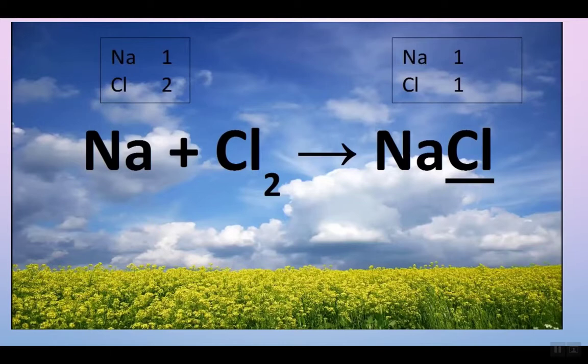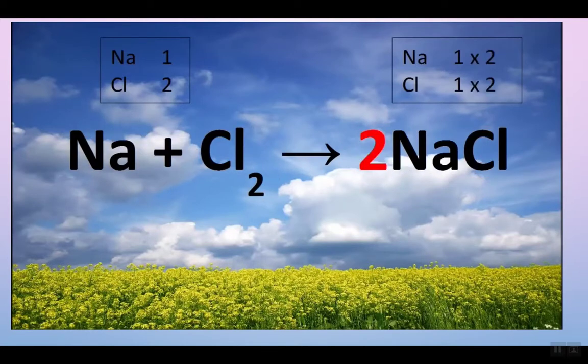Now, we need to double the Cl's, so we put a 2 in front of the NaCl. This gives us 2 chlorines now, giving us balance, but it also gives us 2 sodiums, which means there are more on the right-hand side than on the left-hand side.